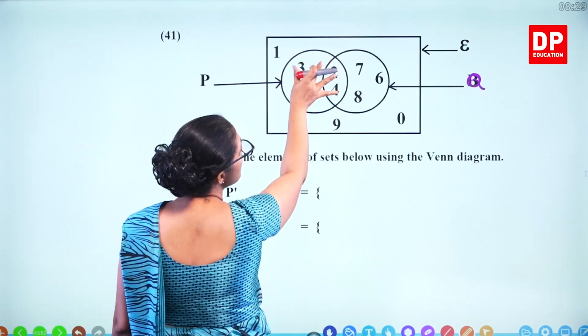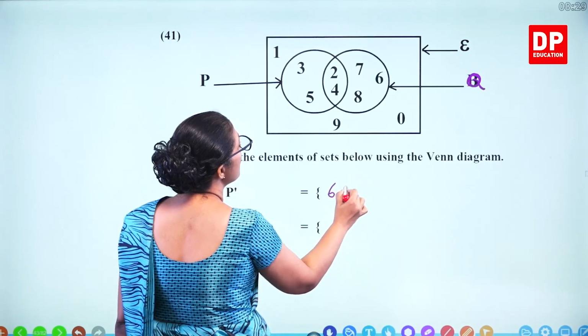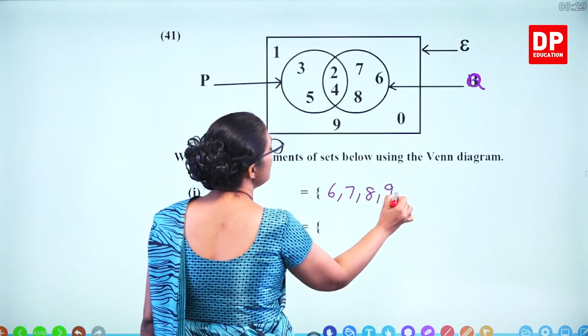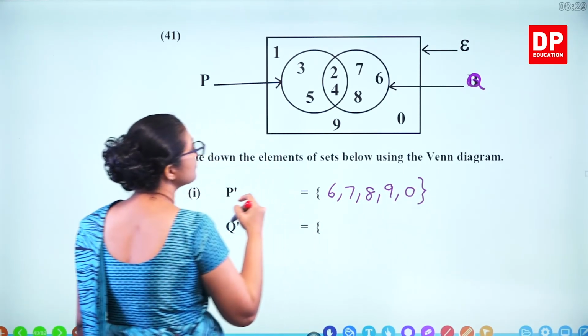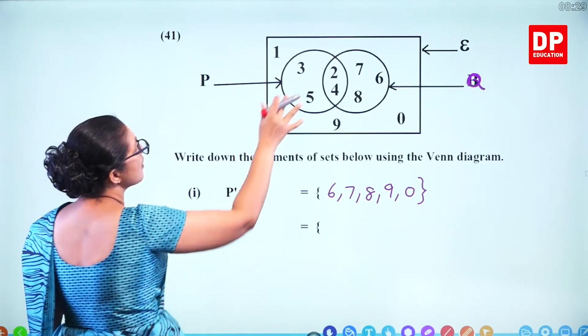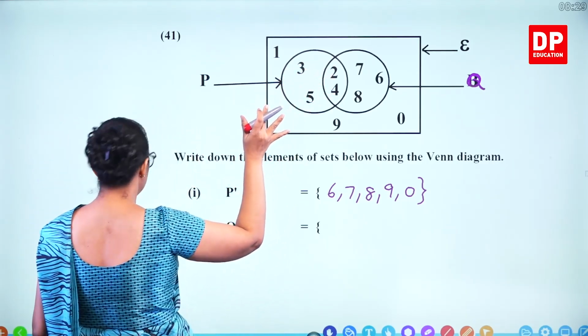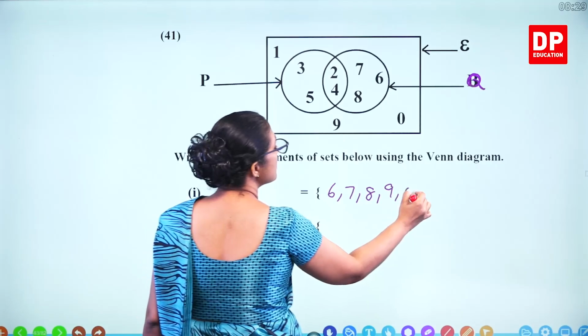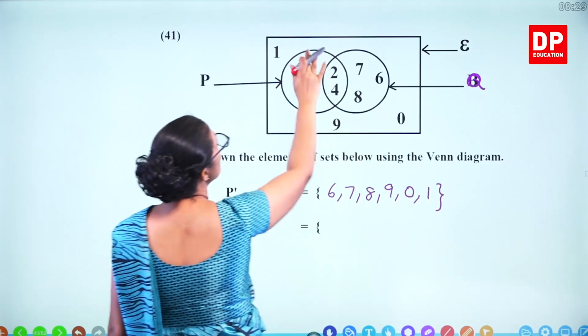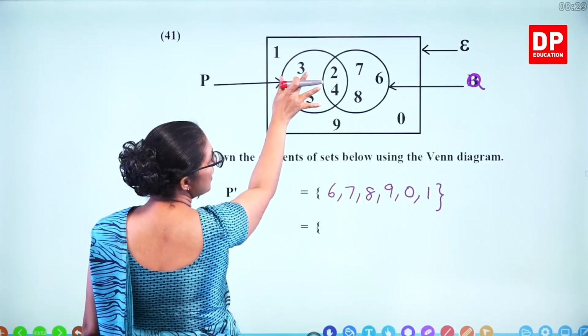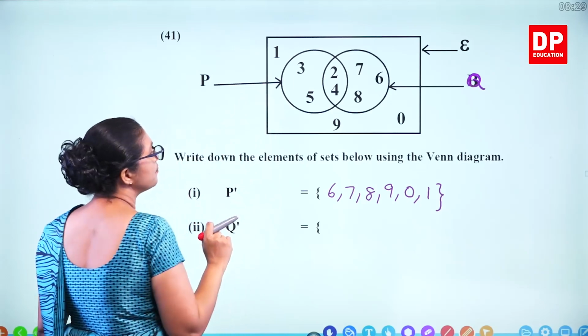What are the other digits? You get 6, 7, 8, 9, 0. 1 is also there. 0, 1. Here when you close this, 6, 7, 8, 9, 0, 1.